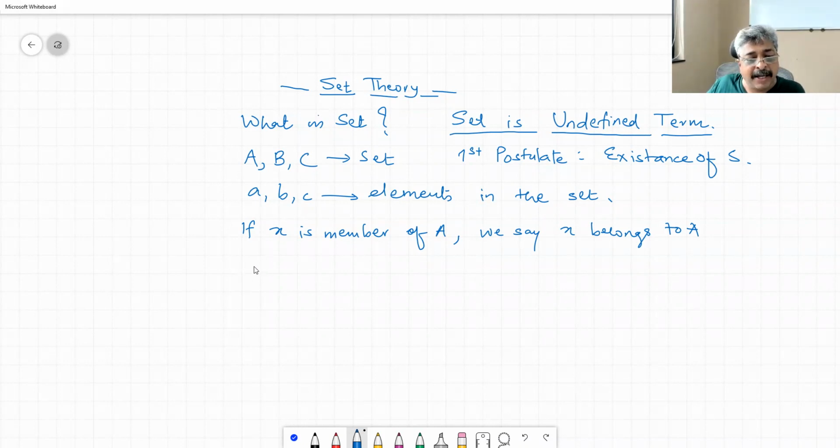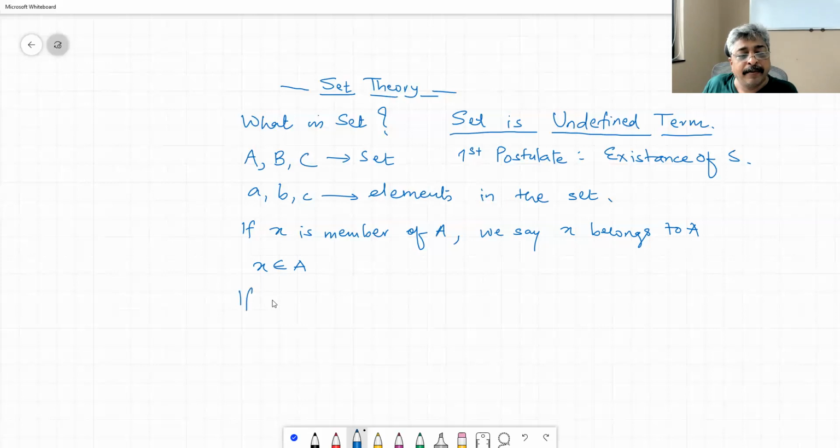We write in maths, x belongs to A. So if you read this, it means we are talking about some set A and x is an element of that set A. That is the shortcut for expressing who is where.